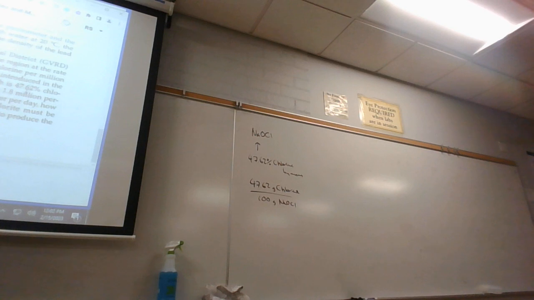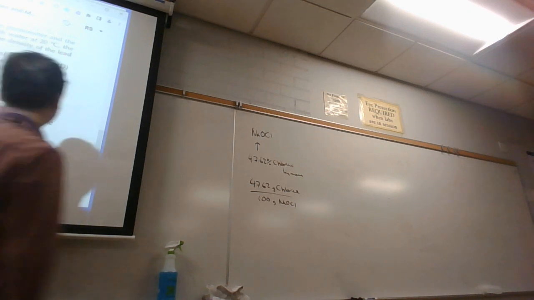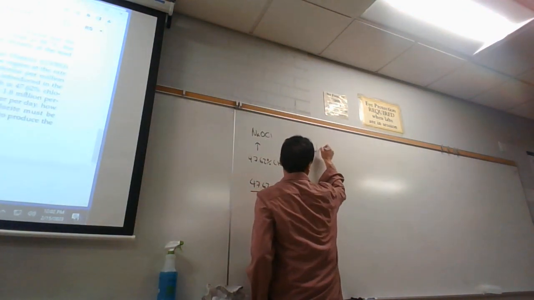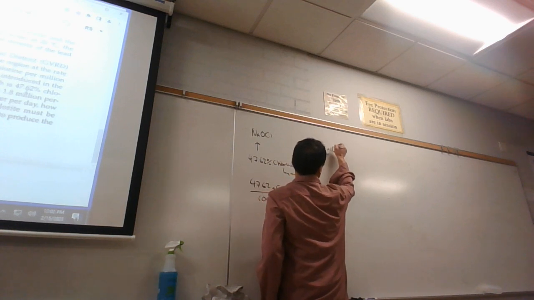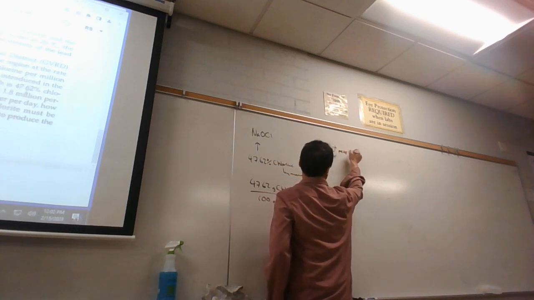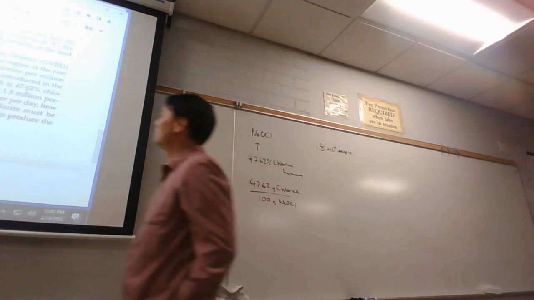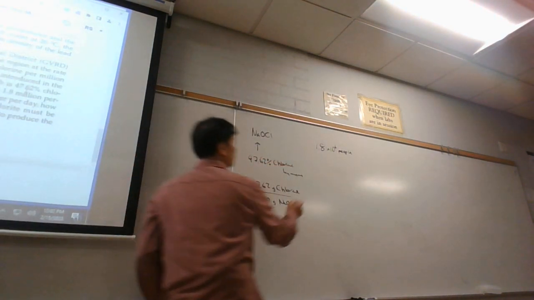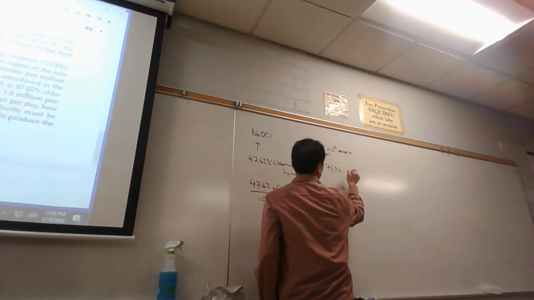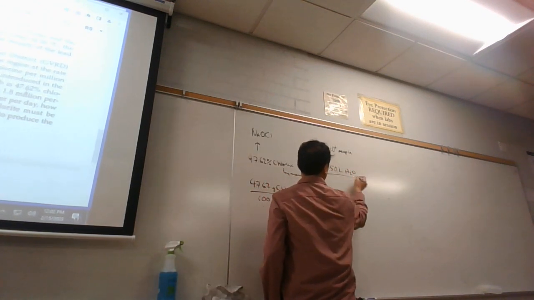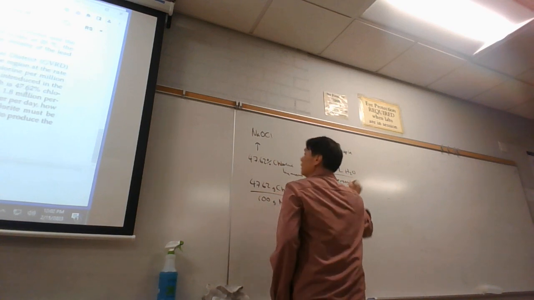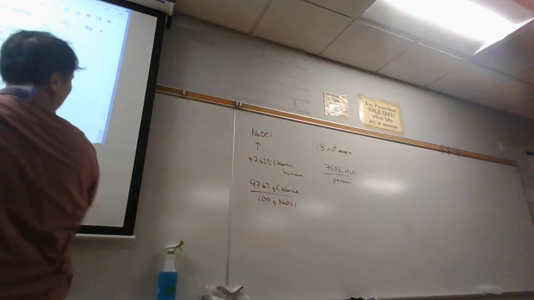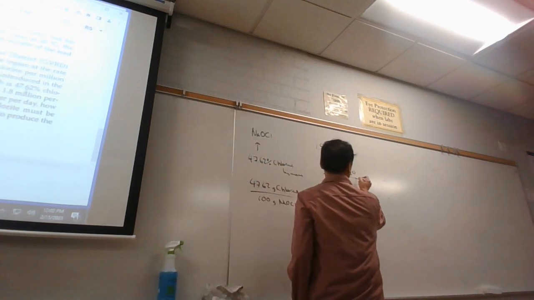The population of the GVRD is 1.8 million persons. If each person uses 750 liters of water, so we have 1.8 million people. I'll just write in exponential notation. And then one person uses 750 liters of water per person per day.